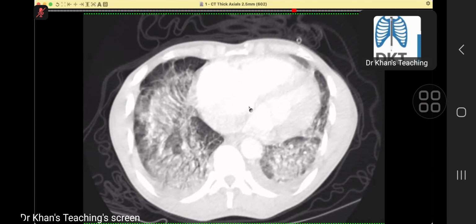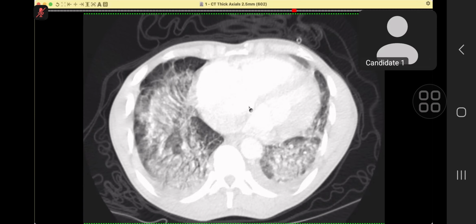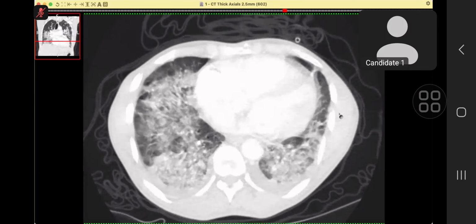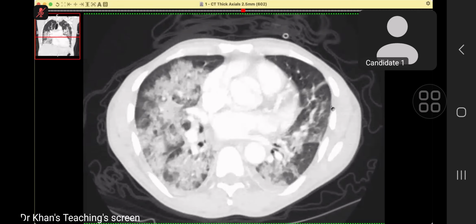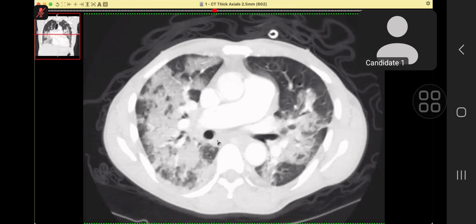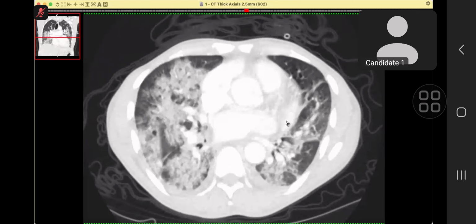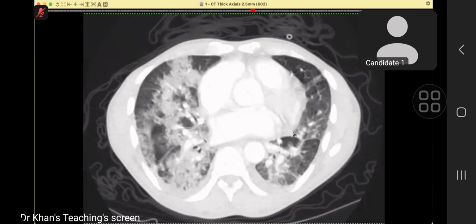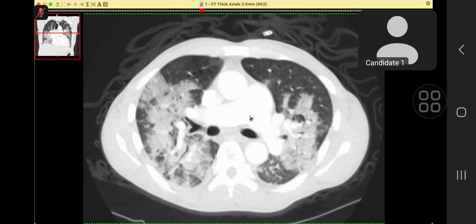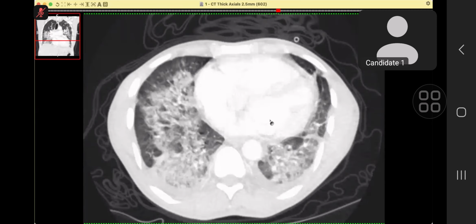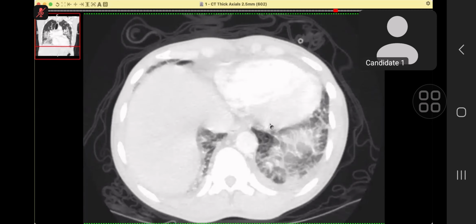Over to you. Okay, these are lung window axial sections of the same patient. There are bilateral areas of airspace opacification in the perihilar region forming a bat wing appearance. Also, I can appreciate that the heart is mildly enlarged, and the pulmonary trunk was also looking slightly prominent.